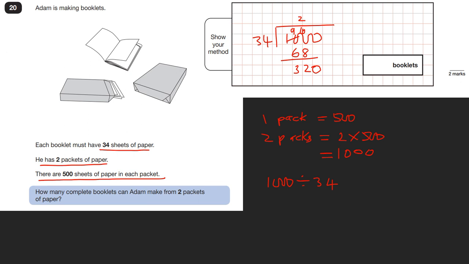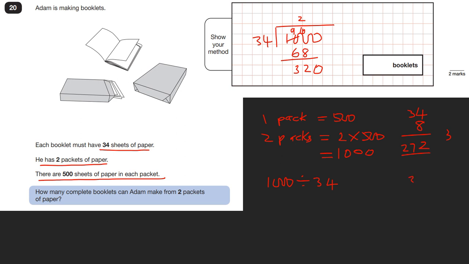Before I put the 9, I'm going to multiply 34 times 8. 8 times 4, 32, 3 remaining. 8 times 3 is 24 and 3 is 27, so 272, right? So 272 is 8 times.